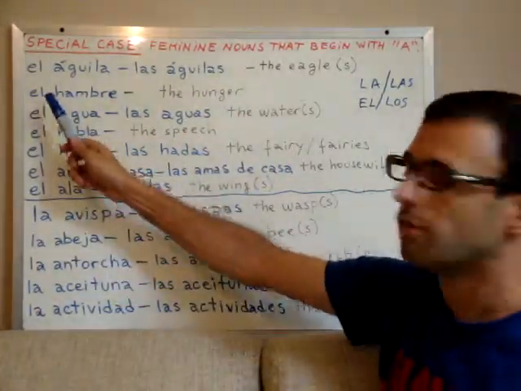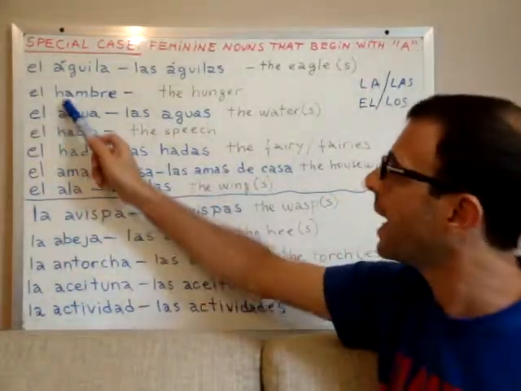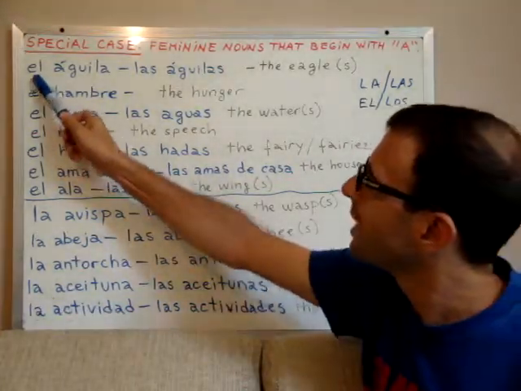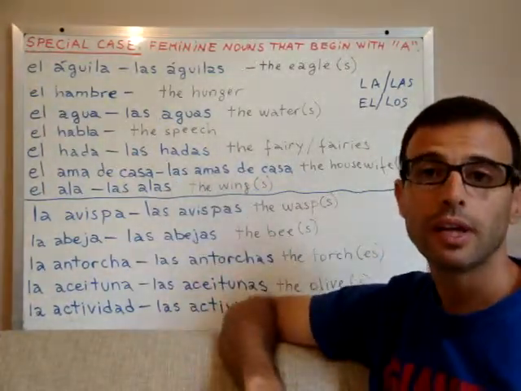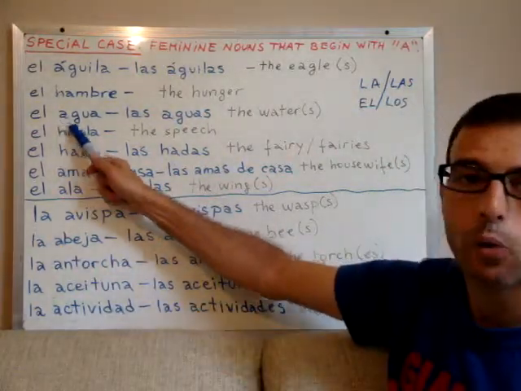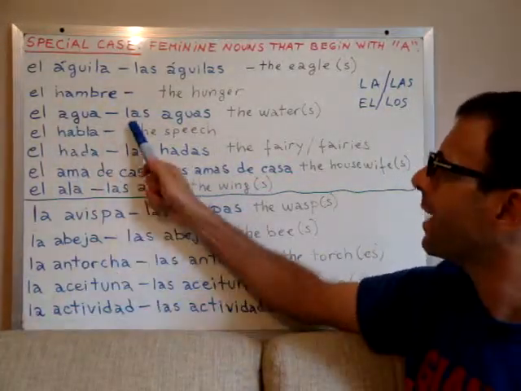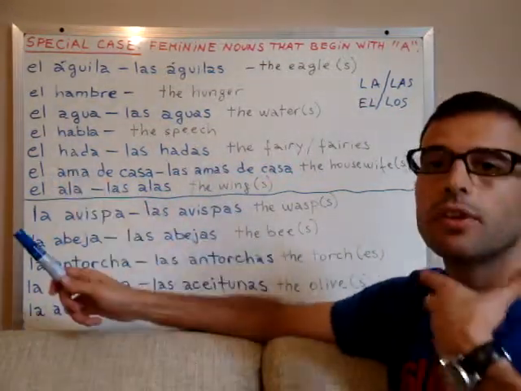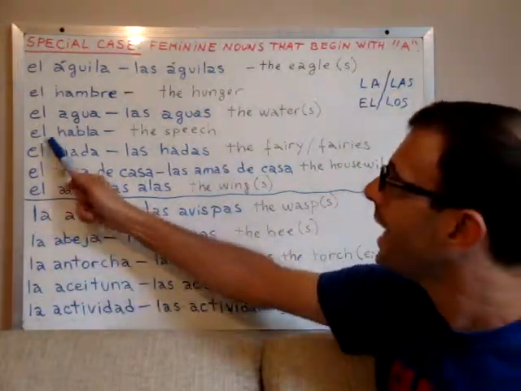Another example of a feminine noun that uses a masculine article is hambre. Hambre means hunger, and we use el hambre. Water is agua. We say el agua or las aguas. The speech, the faculty of talking, of speaking, is el habla.